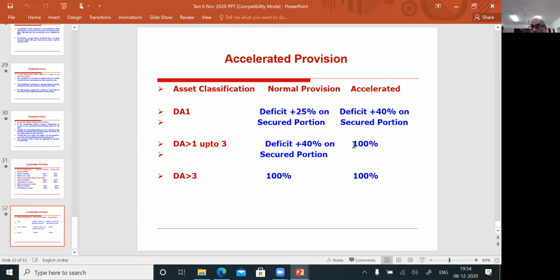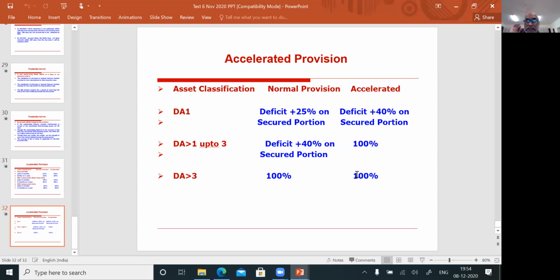So the accelerated provision for DA more than 1 up to 3, if it is not shown as such, is 100%. Had you shown it, you would keep only this much provision. Now you have to keep 100% provision on the liability. DA more than 3, normally you will keep 100%. Accelerated is also no different, because you have already kept 100% provision on the liability.